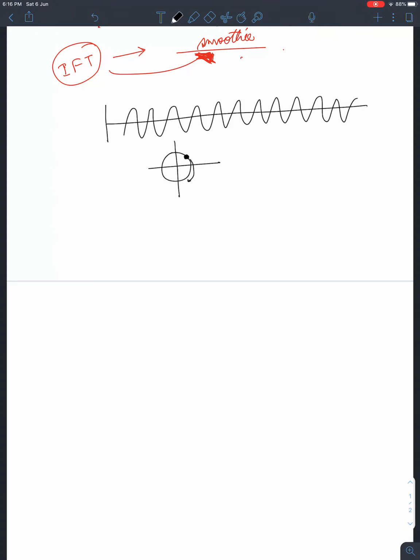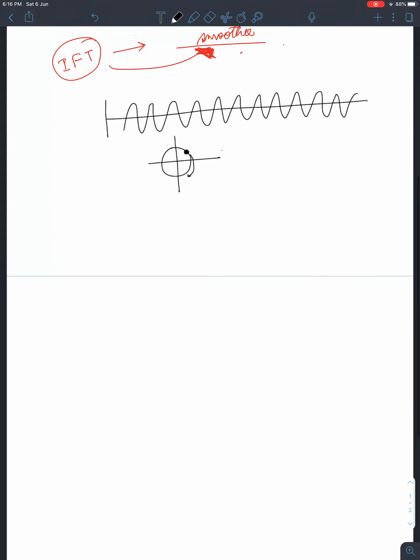So the frequency of rotation is basically going to give us this particular kind of oscillation. So it oscillates in time and space. So that is what is given by e to the power 2 pi i kn over N. So this function that we are seeing, that is the function with kn.